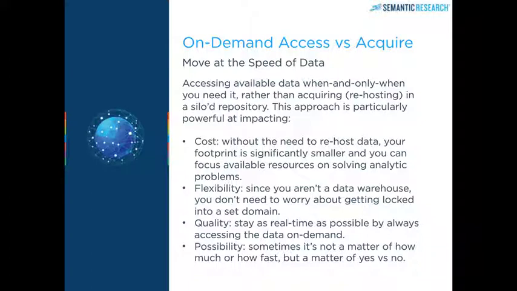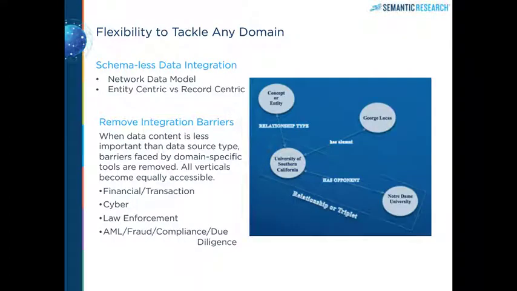In that access environment, when you're not necessarily going to know ahead of time every field from every data source, you need the flexibility to tackle any domain. So the way to achieve that potentially could be to have a schemaless data integration process where you have a network data model as opposed to perhaps your traditional rows and columns, where it's entity-centric versus record-centric.